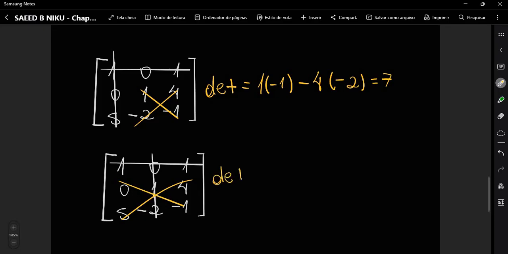So the determinant is equal to 4 times 5 minus, and right here is minus 5 times 4, which is equal to minus 12.